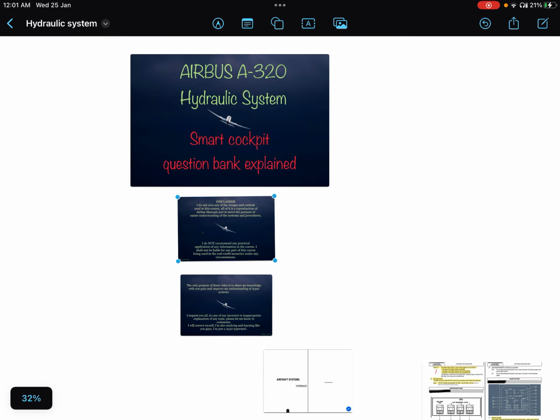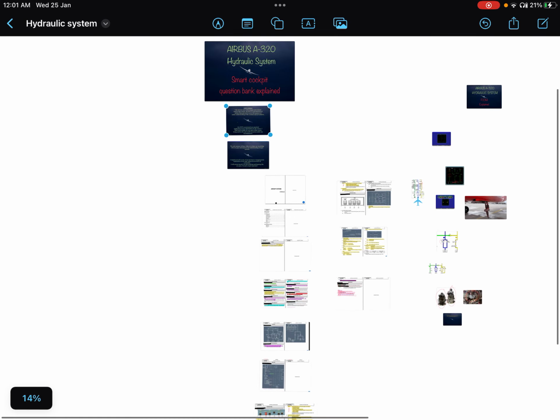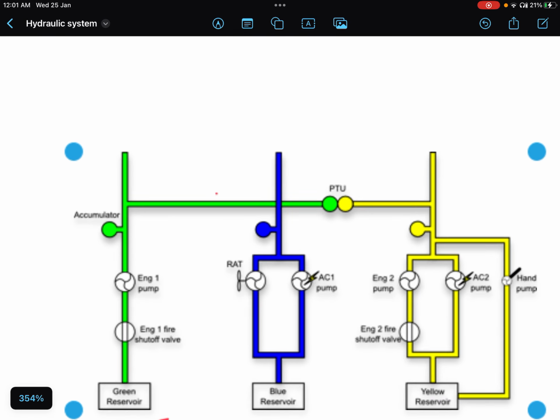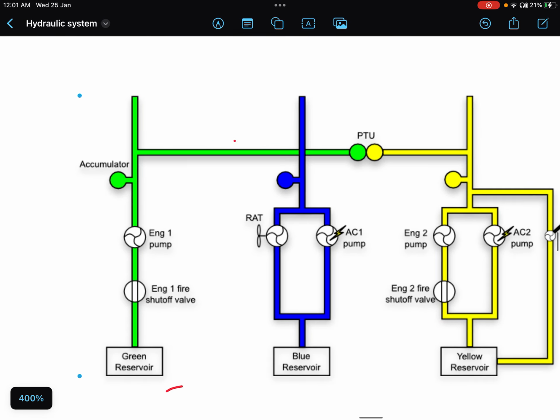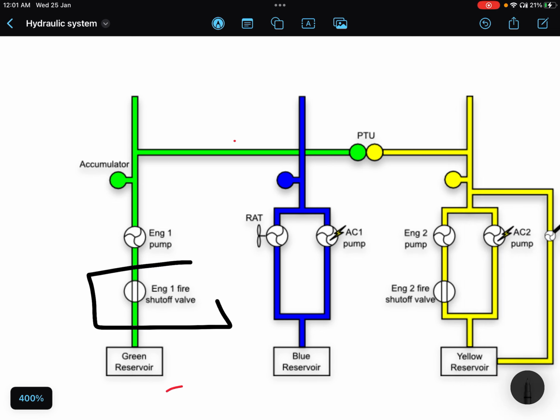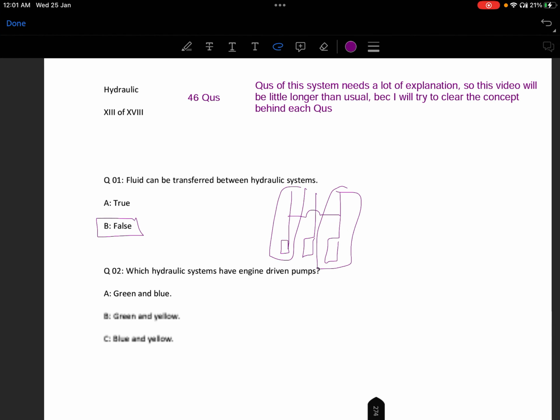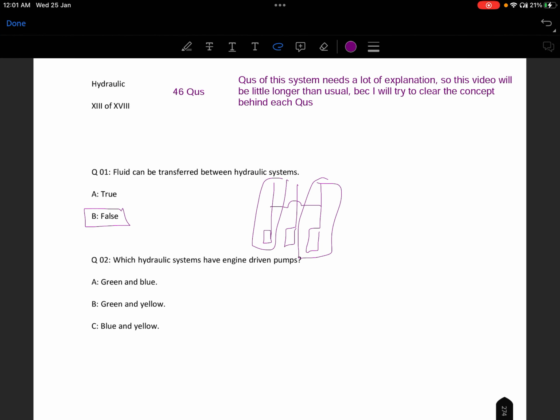If you have gone through my FCOM explanation, you are aware of it. We have two engine driven pumps, for green and for yellow, right? Correct. So it's green and yellow.